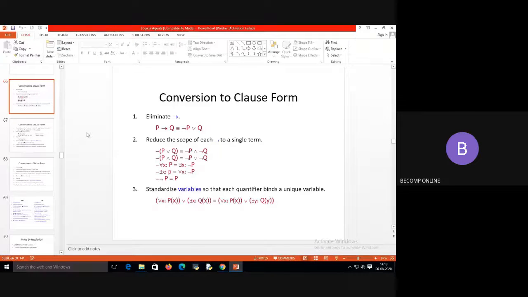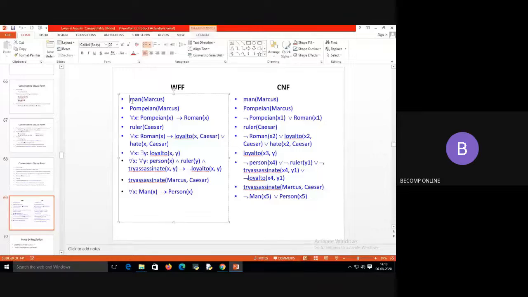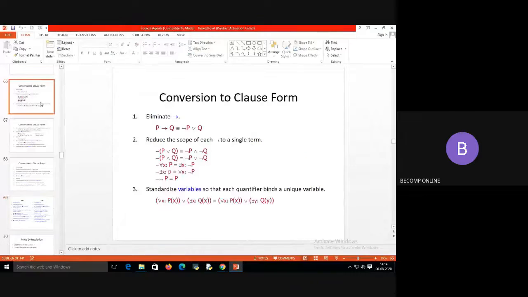These are rules that are used for conversion to canonical normal form. I'll just quickly tell you that when it is Man(Marcus), a simple predicate, there is no rule applied to it. But whenever there is an implication sign, like in this case, all Pompeians were Romans is the English sentence, I apply rule number 1.